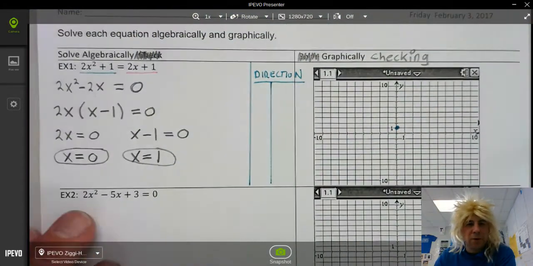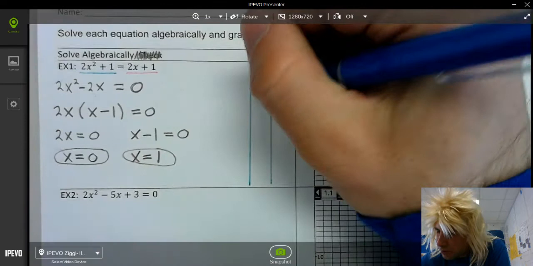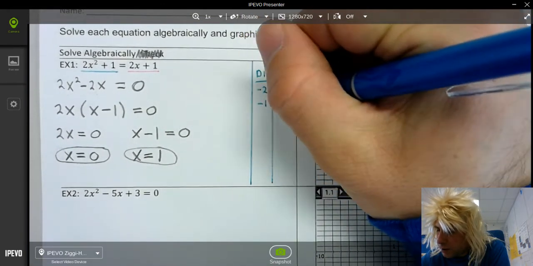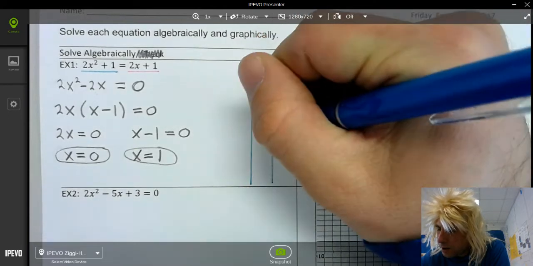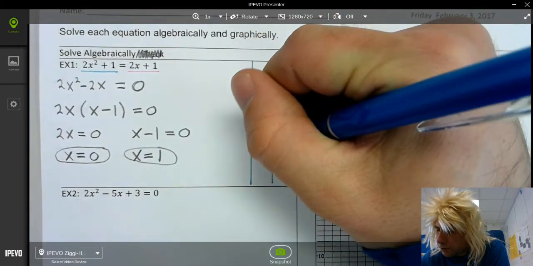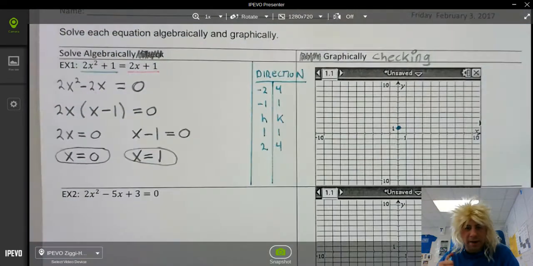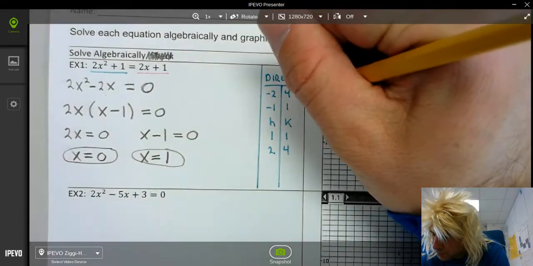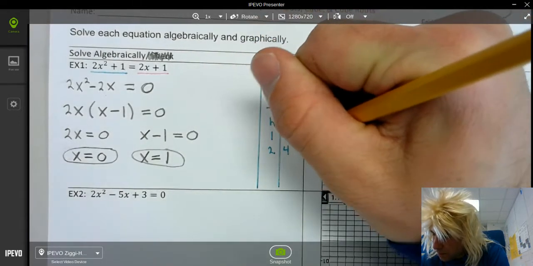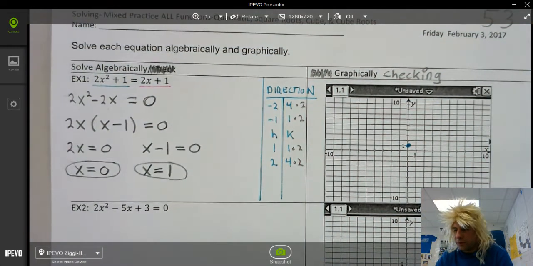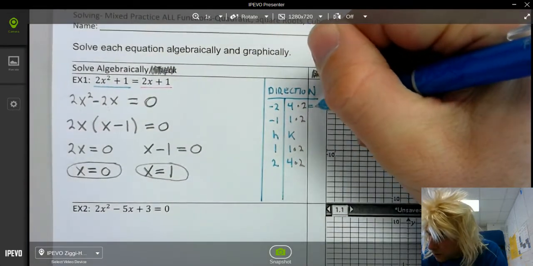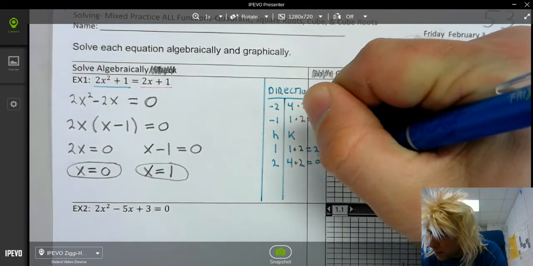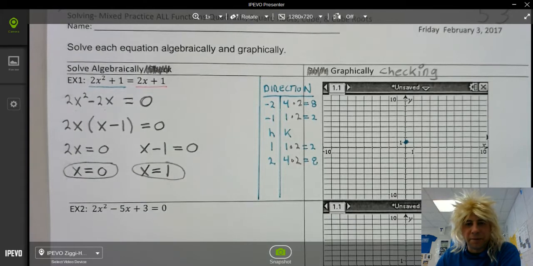Okay, so now we know in a quadratic, the directions are always left 2, up 4, left 1, up 1, right 1, up 1, and right 2, up 4. But in this case, we have to multiply all the y's by 2. So that equals 8, 2, 2, 8. Okay, so let's graph that.